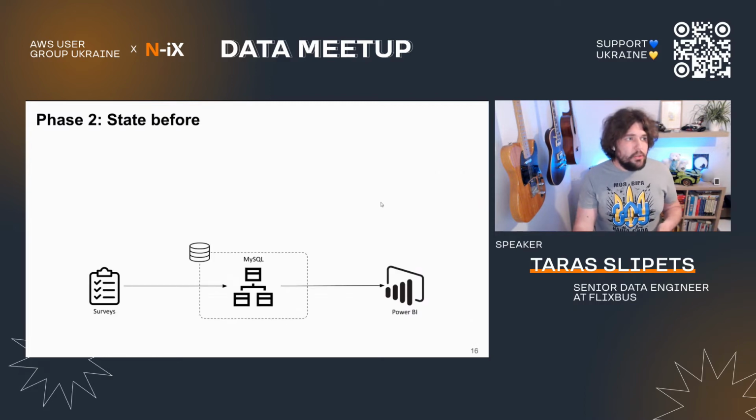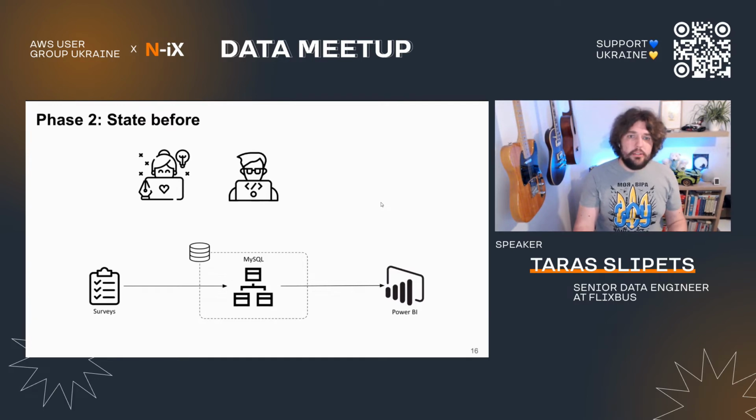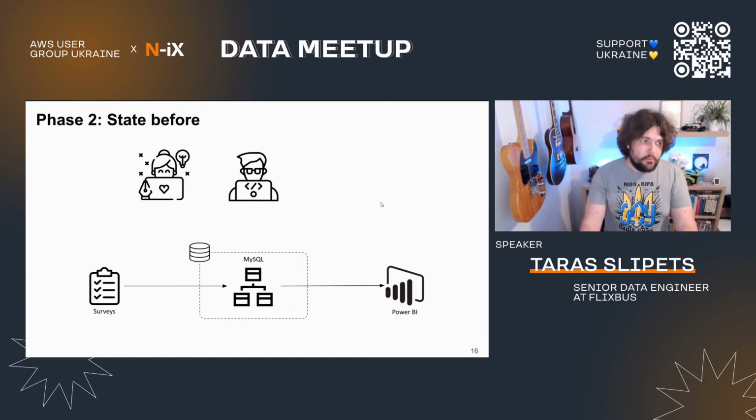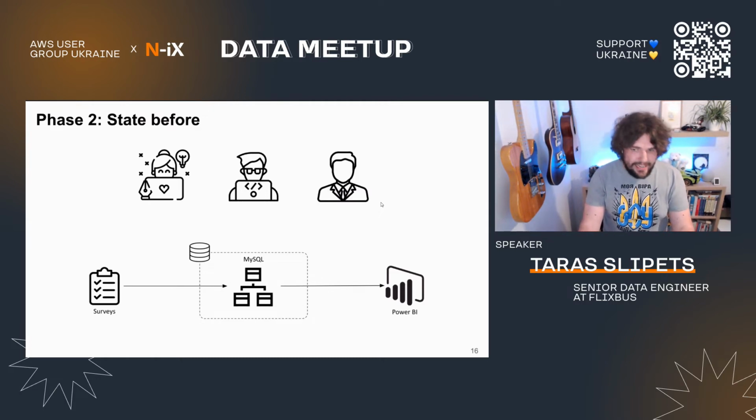So for instance, if we take this already decoupled system, we still have multiple roles. There might be a designer or content manager, there might be a software or data engineer, like a front end or back end. And there are also reporting people, analysts, management, and so on.